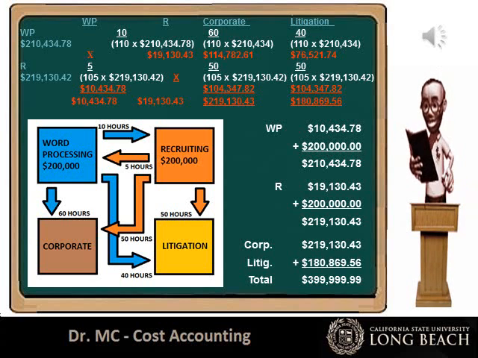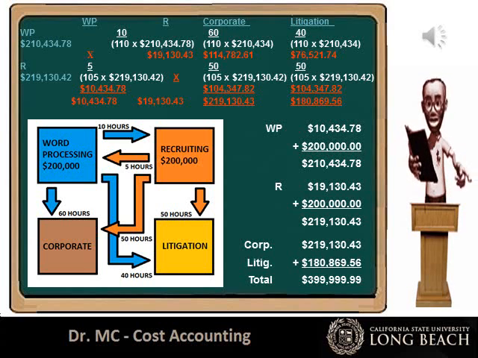and litigation is also allocated $104,347.82. In order to make sure that you didn't make a mistake, you should add the $10,434.78 that word processing was allocated to the $200,000 of costs that word processing started with to see whether it equals the $210,434.78 that word processing allocated.